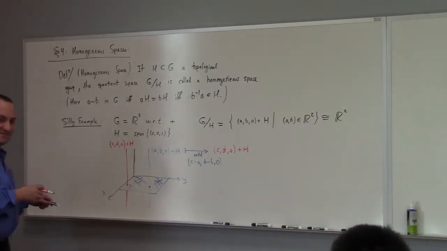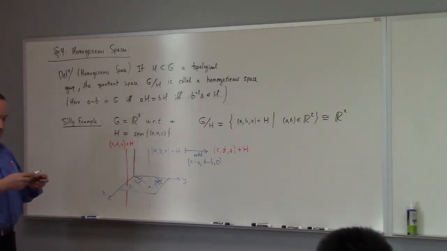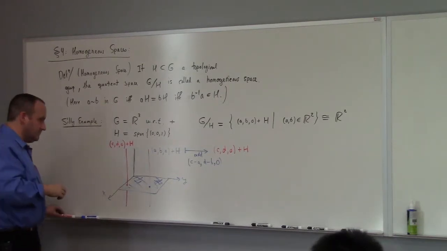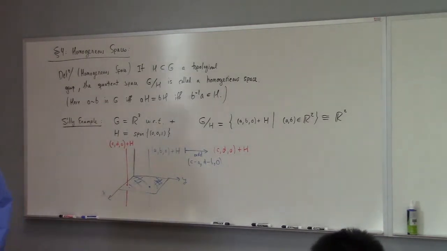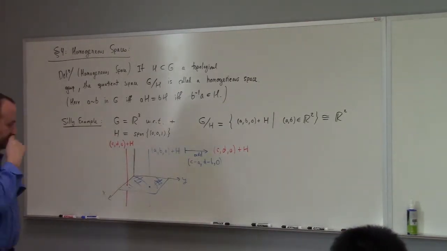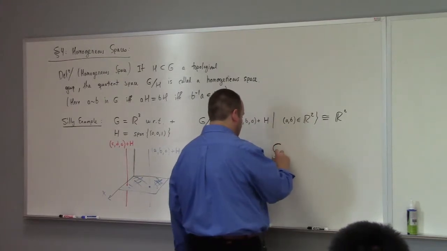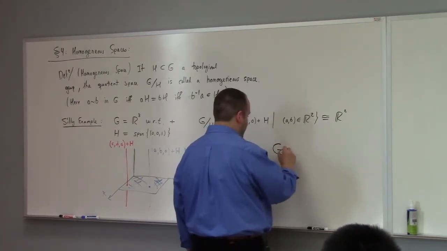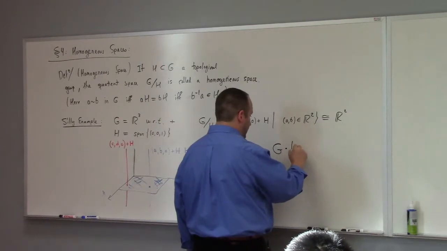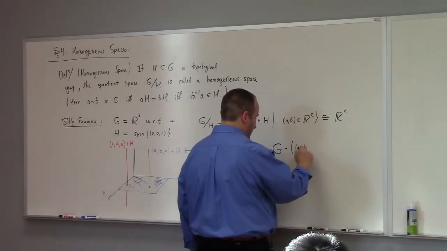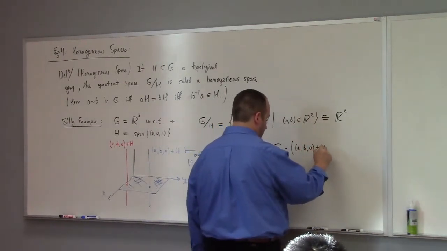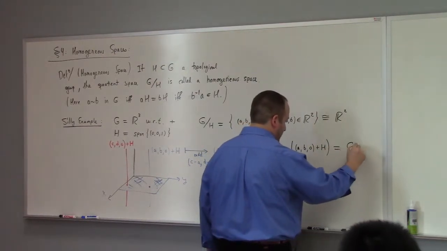The other thing is the orbit of the G action is the whole thing. So we could say G dot any (a, b, 0) plus H is equal to this.